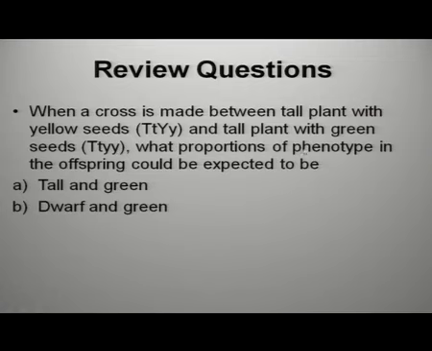What proportions of phenotype in the offspring could be expected to be tall and green? Out of this particular cross, how many progenies will be tall and green, and how many will be dwarf and green? That we have to work out.